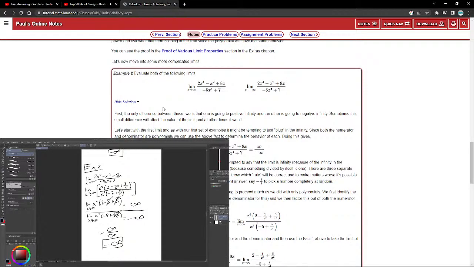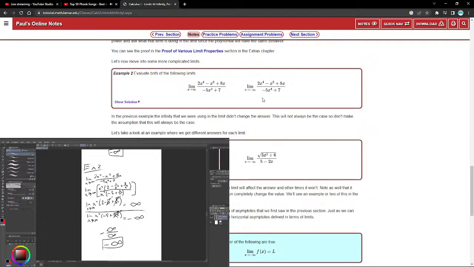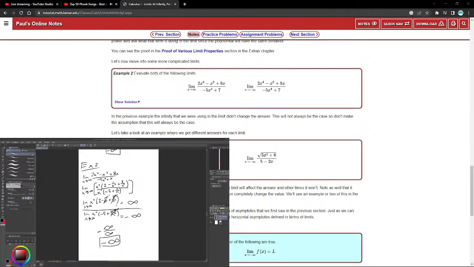Wait, what did I do? No, I only did positive infinity. So if I did negative, what would change? They'd still split up the same, right?